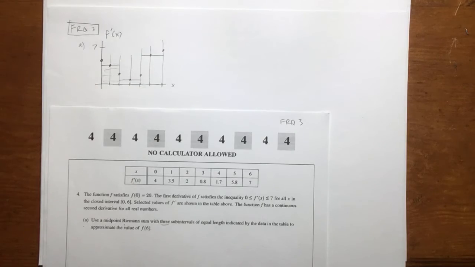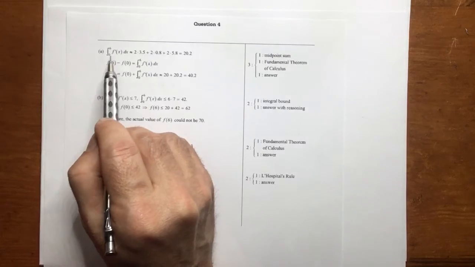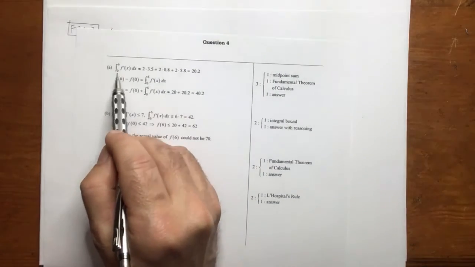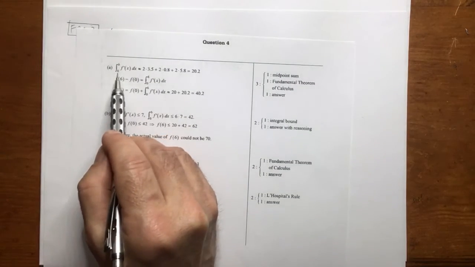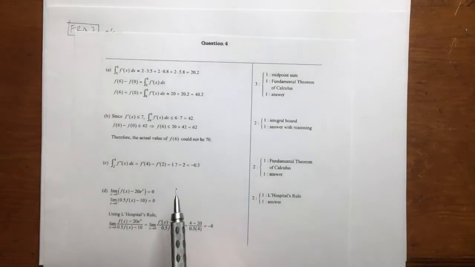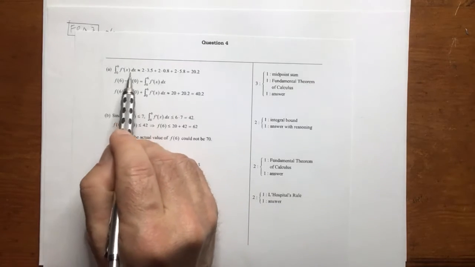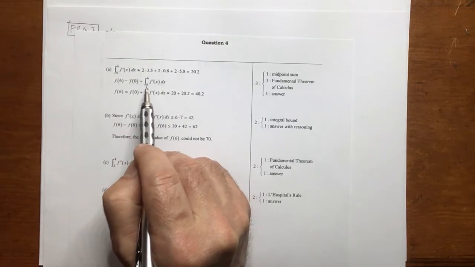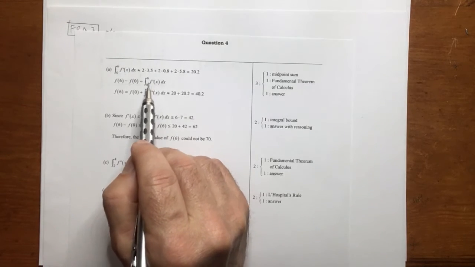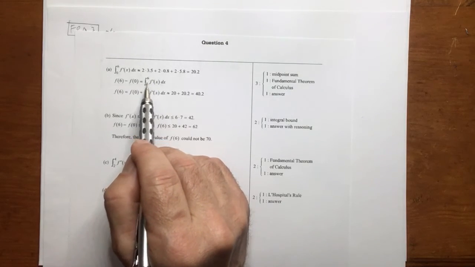Okay, and so their work on this one looks like this. Now what we're finding is the area under that rate curve, so the integral from 0 to 6, and it's approximately the areas of all the rectangles added up. Okay, but then what they're telling you is they want you to use this to approximate f of 6. Okay, and so we look at this integral right here, and we realize, well, this would be the antiderivative of f prime, so f evaluated upper limit minus lower limit.